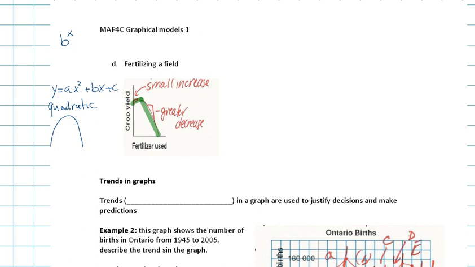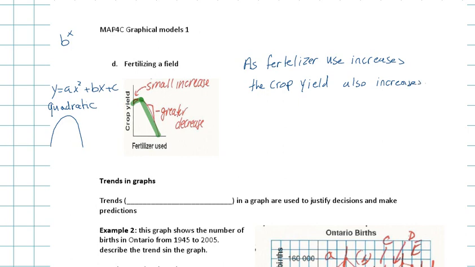So in this case, as fertilizer use increases, the crop yield also increases to a maximum, and then decreases.